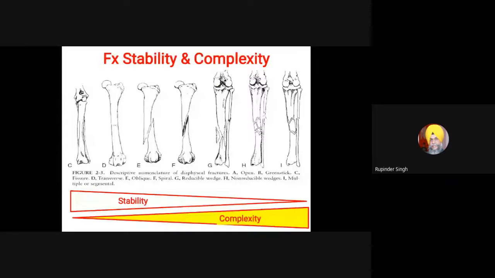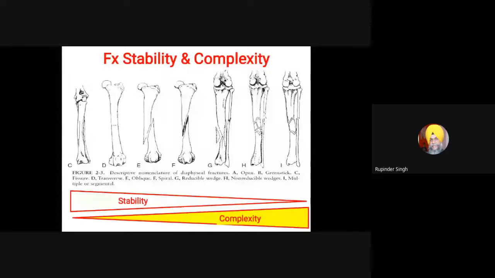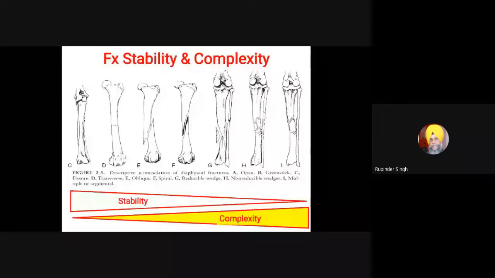The first one is a hairline or fissure fracture. Then in the second, this is a complete fracture. The fracture configuration, you can see, is changing as the complexity of the fracture is increasing, and this is very interesting.